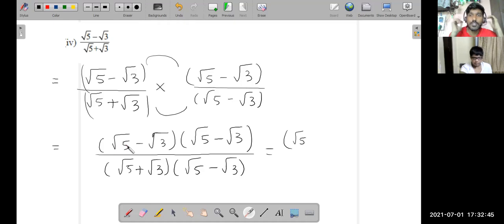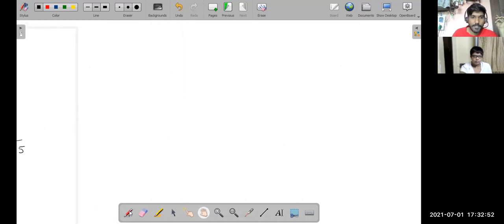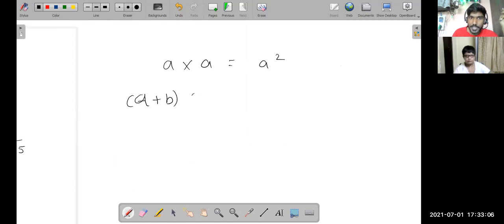So what will this become? Don't get confused here. A into A is A square. This you know, right? A plus B into A plus B can be written as A plus B whole bracket square, because both of them are the same thing.